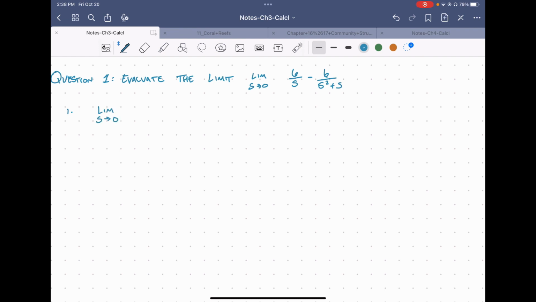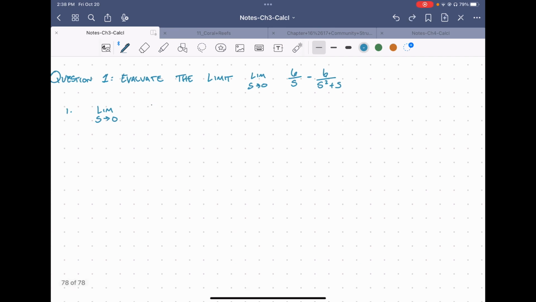As you notice, I rewrote this part, and that's important to do for nearly all of the steps. So I'm going to leave some space in between these, and I will show you why in a second. Okay, so as I've rewritten the problem, I've noticed that this original problem has a subtraction sign in the middle of it.